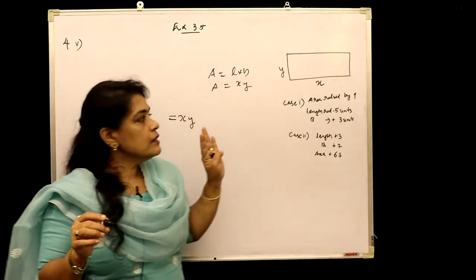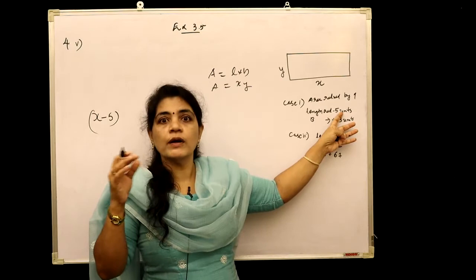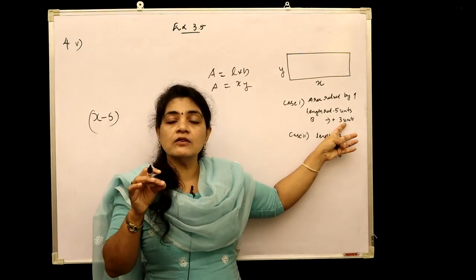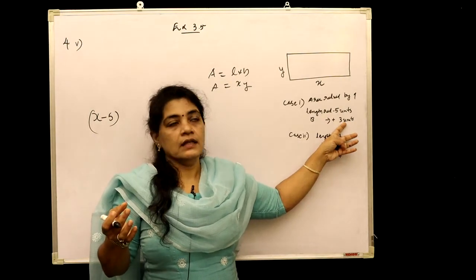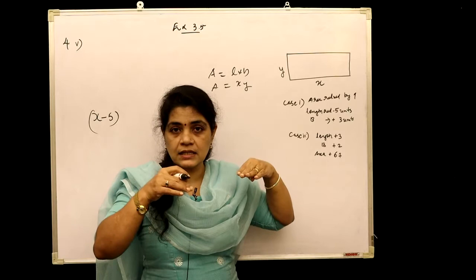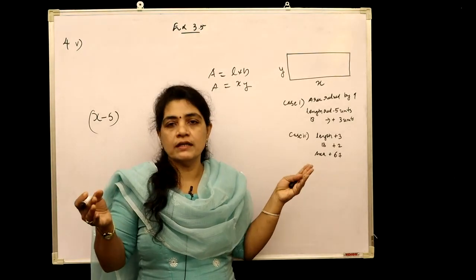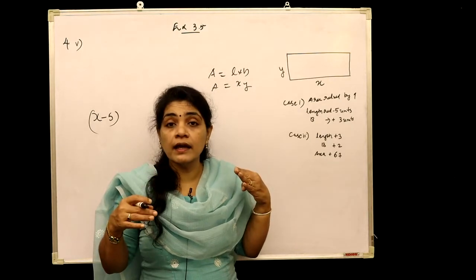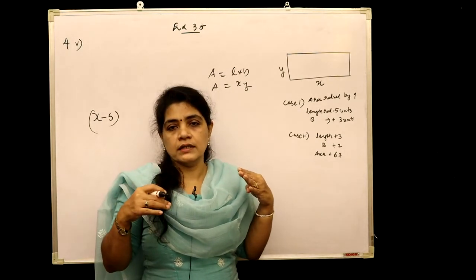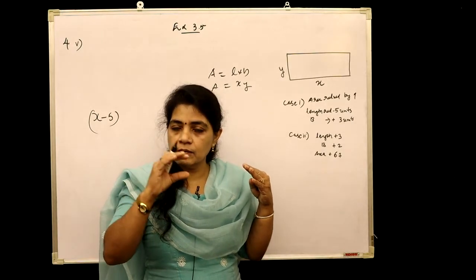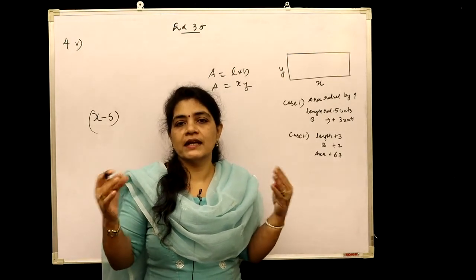If we increase the breadth by 3 units, since the breadth is y, it becomes y plus 3. Its area gets reduced by 9 square units, so from xy we have to subtract 9.